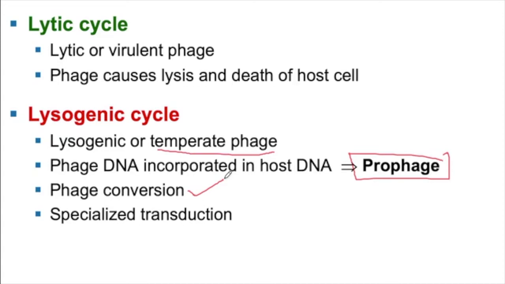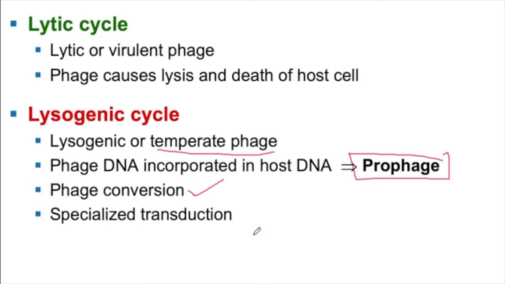You could also have a generalized transduction or a specialized transduction. For a generalized transduction, the virus, as it's assembling its components, will pick up components of the bacteria, which it will carry with it, and then when it infects new bacteria, it will transfer those genetic components to the new bacteria.